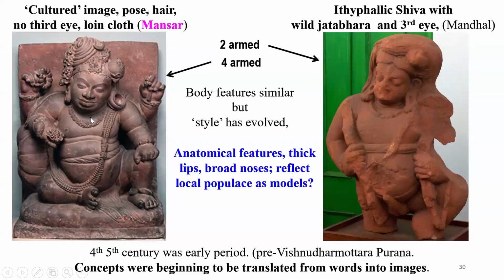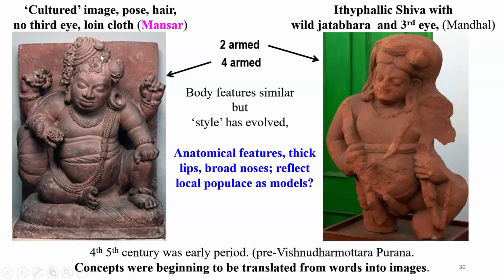So now you compare these two. This is the reflection of society. You see, the anatomical features are the same. That means the models must have been the same. But what was portrayed for the people who were in the forest was ithyphallic, and it had no clothes, and its Jatabhara is just like this, whereas he has a very nicely organized Jatabhara.